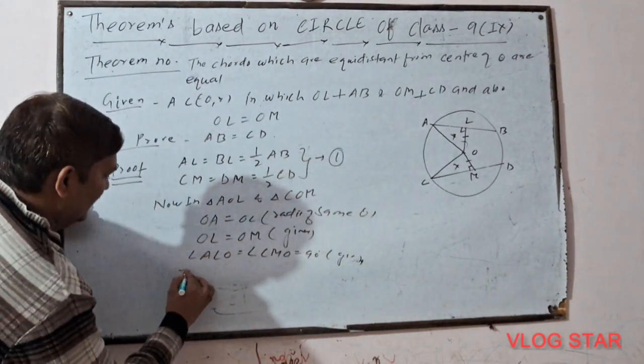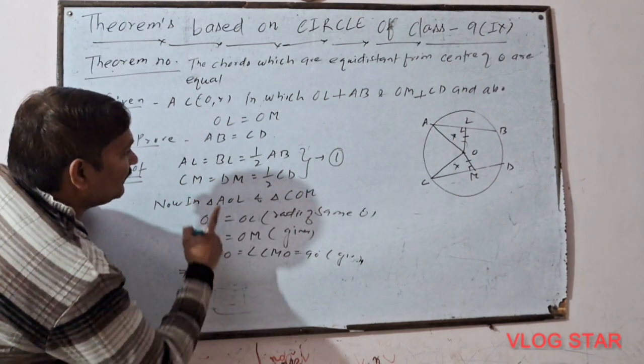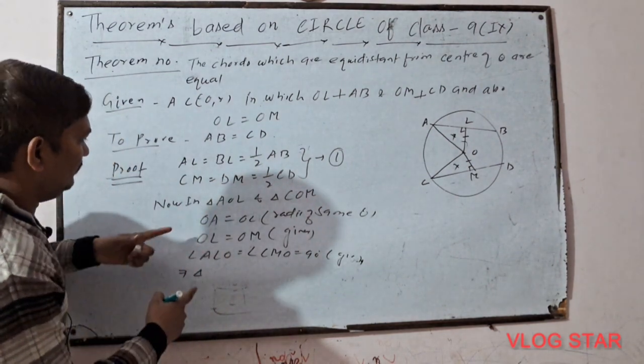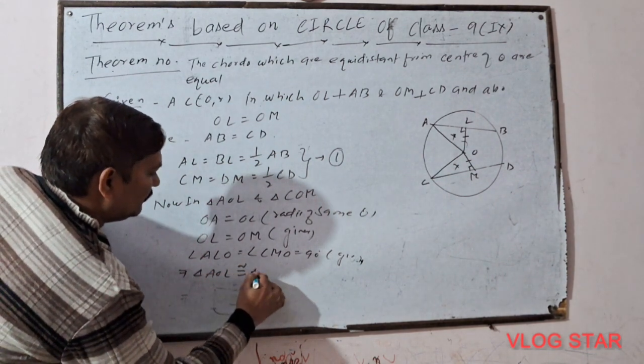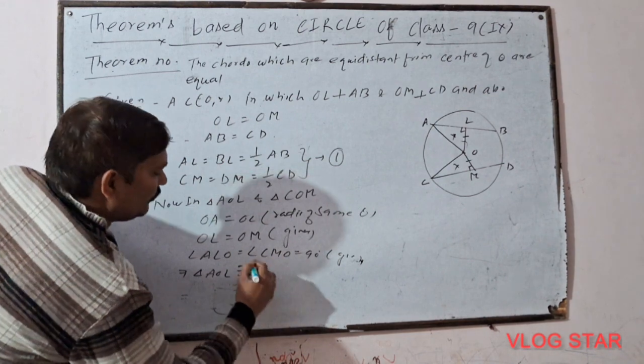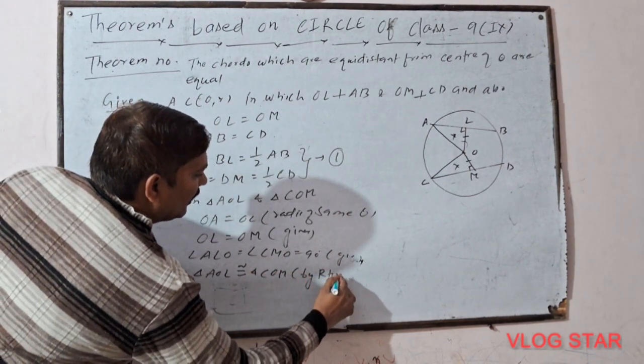This implies that triangle AOL is congruent to triangle COM by RHS congruency.